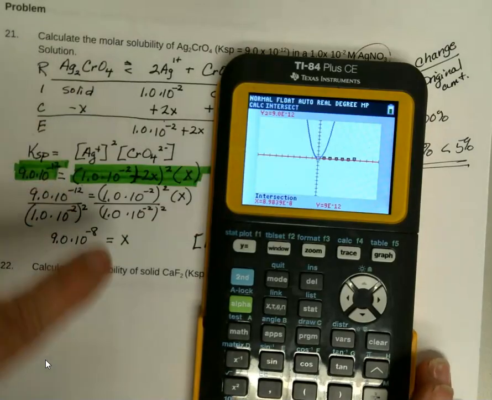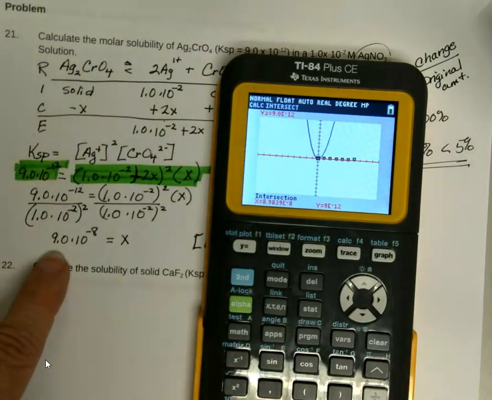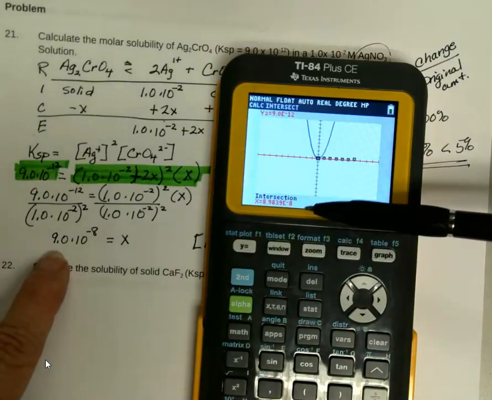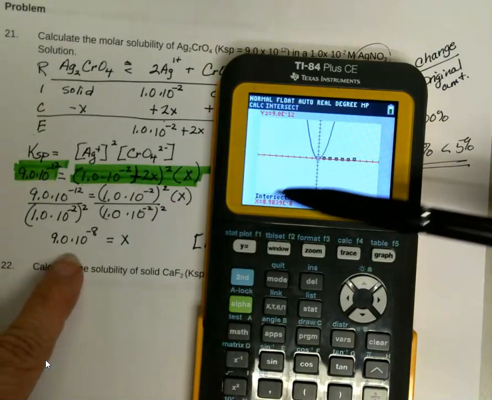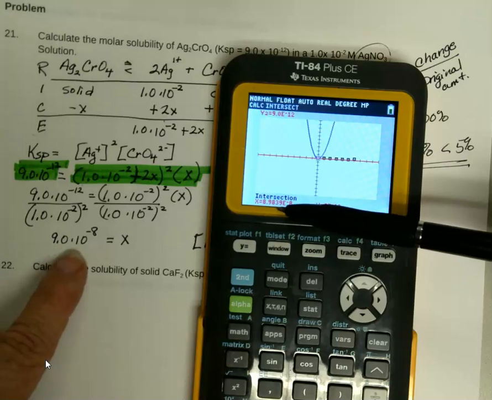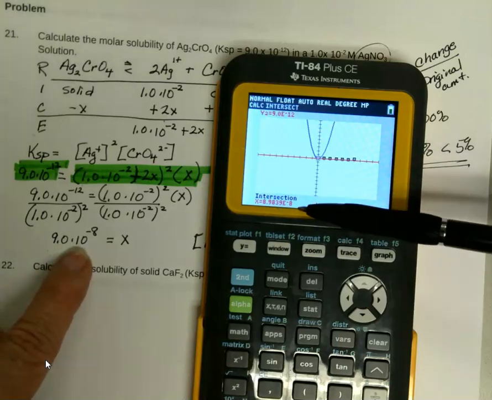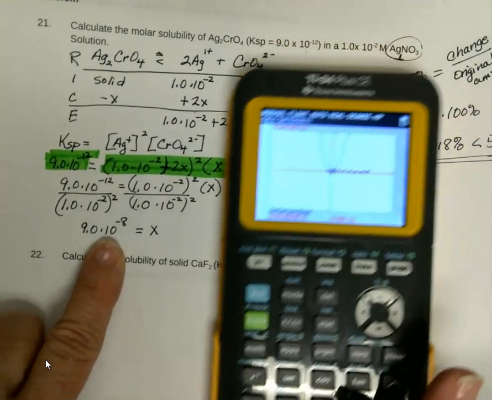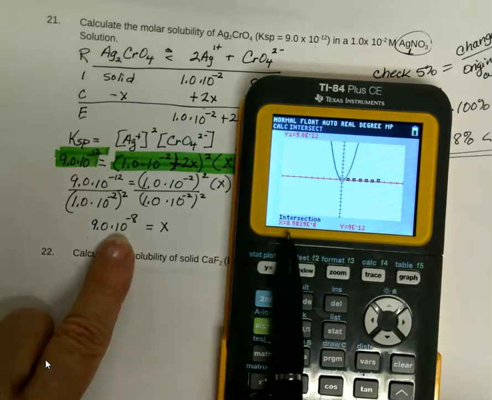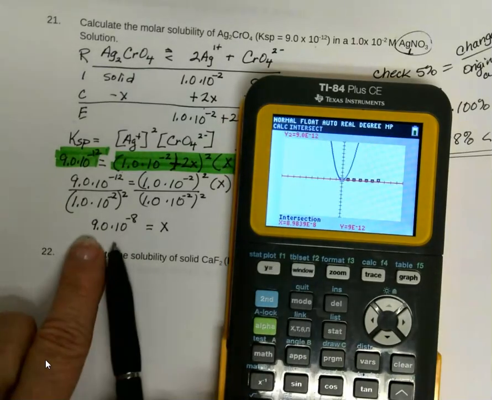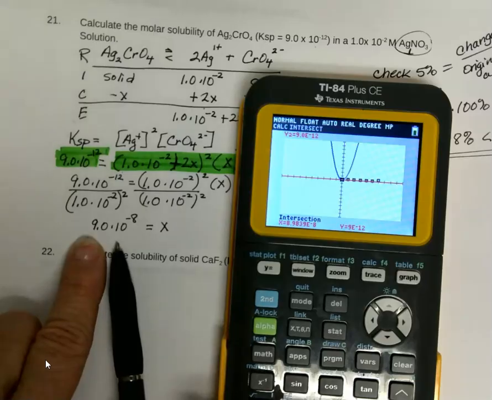So it gives me my actual intersection, my x value, which is what I'm wanting. I don't care about my y value. It is 8.9 times 8.3 to the negative 8. And again, if you are using significant digits here, you're going to get this exact answer.